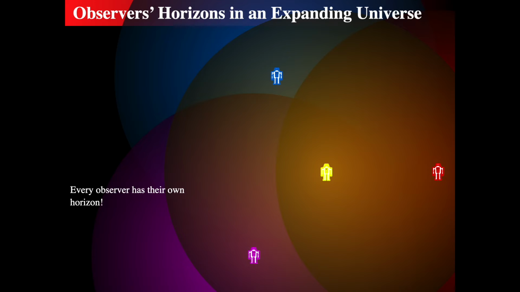For us, let's say we're the yellow observer in the middle at this point, we have an observable horizon, indicated by the circle that surrounds the yellow observer. But that yellow observer has only that as its horizon, and that horizon is the limit of a redshift of, say, very large.